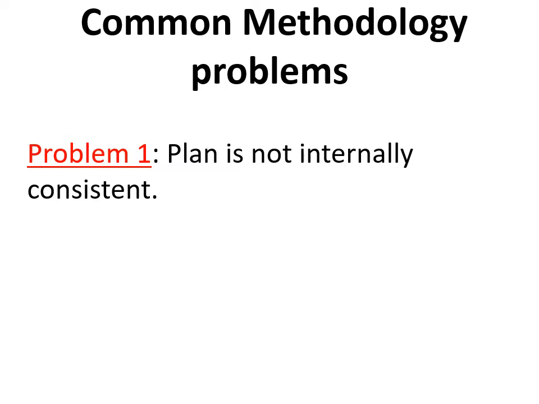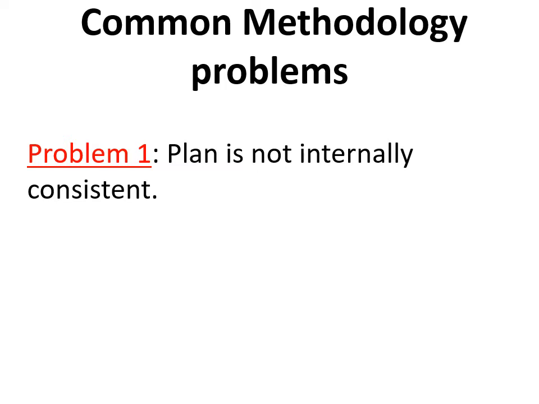Those are some common examples. Another might be that you say that you're going to do one thing, and later on you never mention that again, and instead you describe doing something else completely. I suppose that's a general way to think about your plan not being internally consistent.